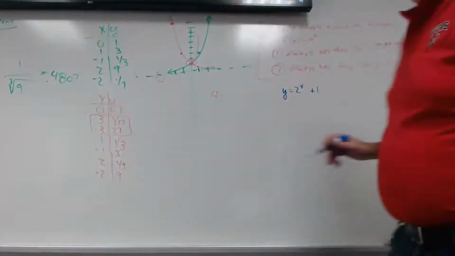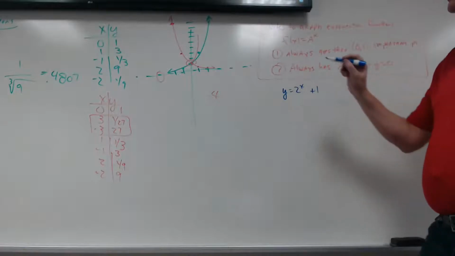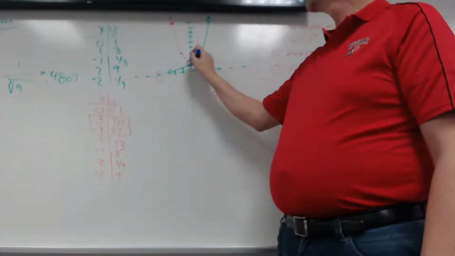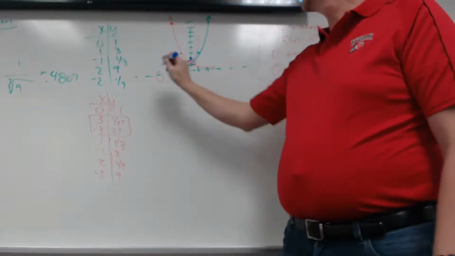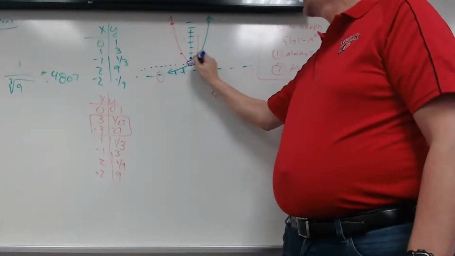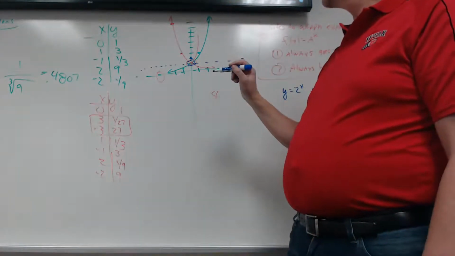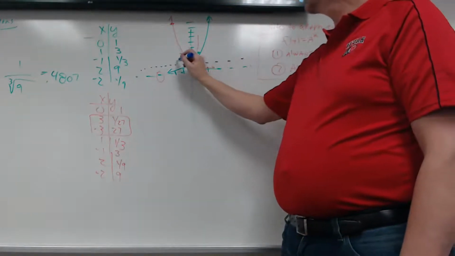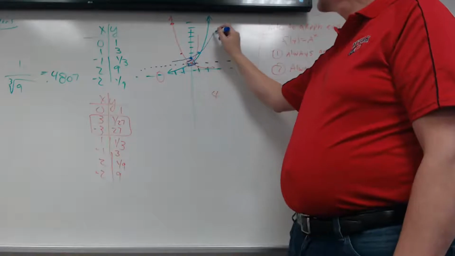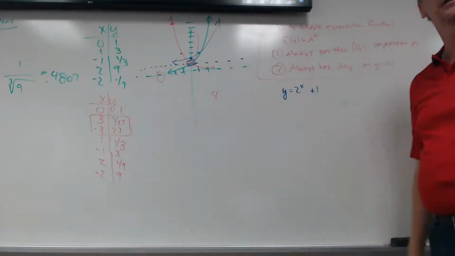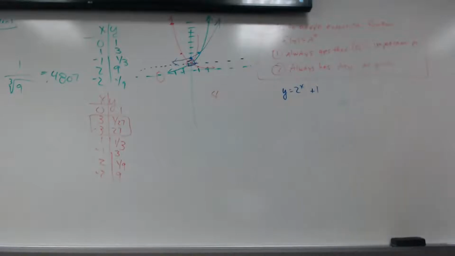It's going to move everything up 1. So your important point is going to move up 1, and your asymptote is also going to move up 1. Okay? And so the shape will be a little less steep than that. It's going to be something like that. Does that make sense?